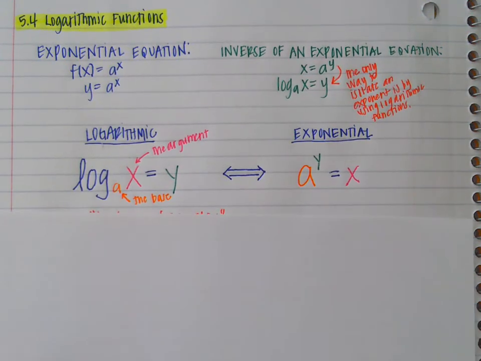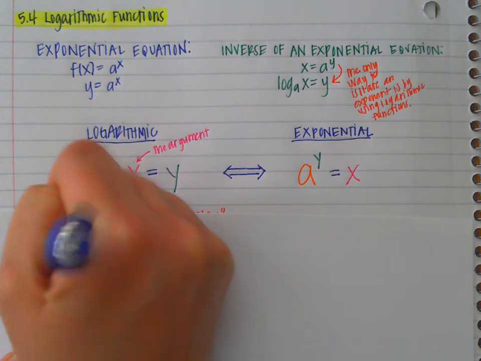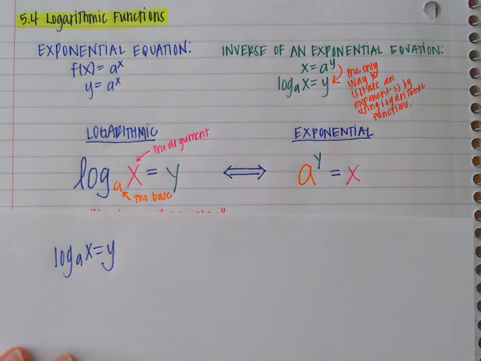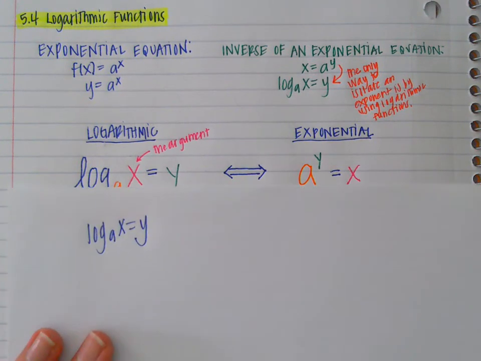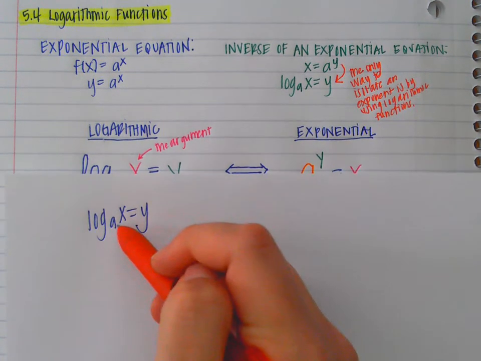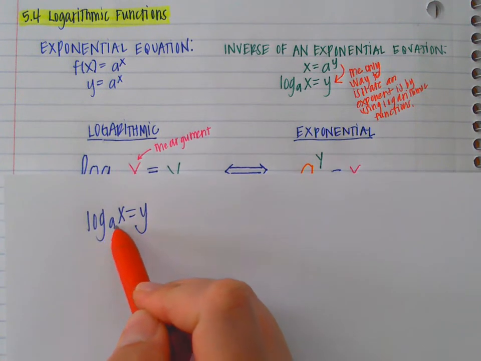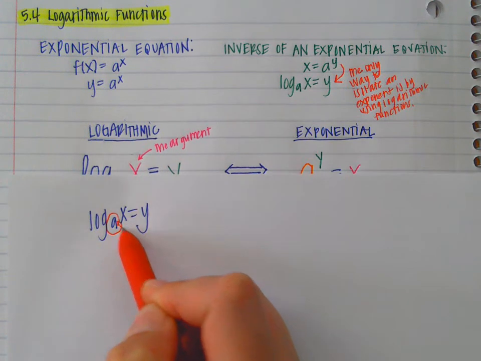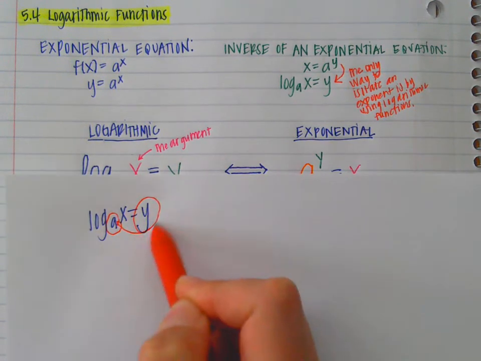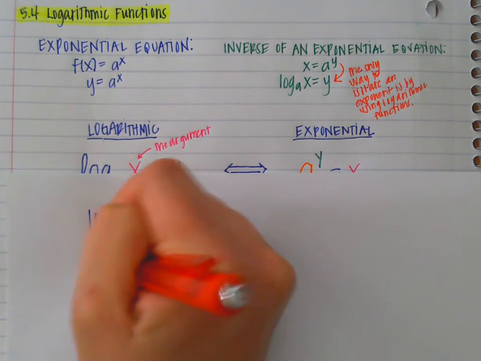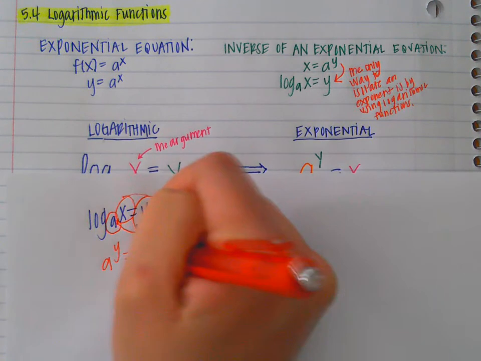So if I write the same thing, log base A of x equals y, the loop-de-loop goes A to the y power equals x.